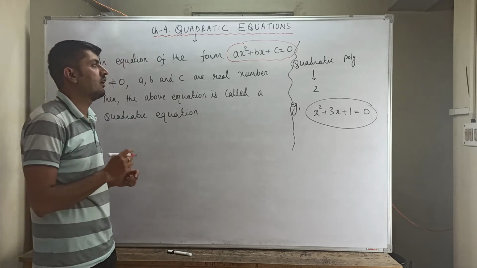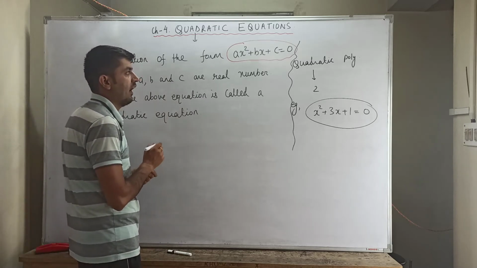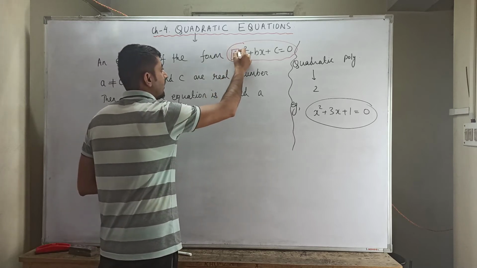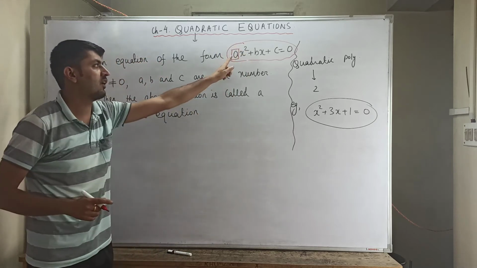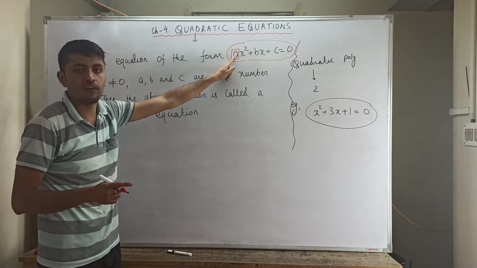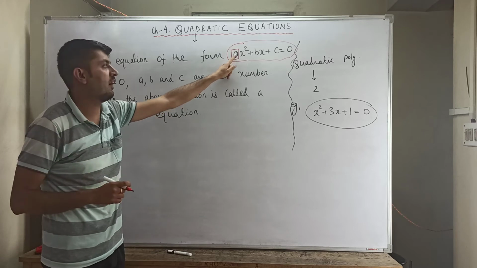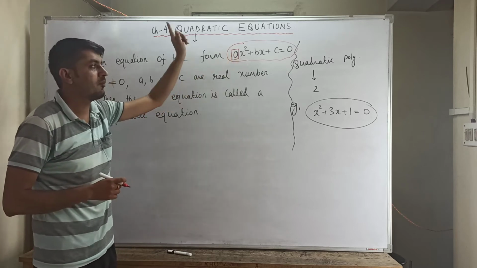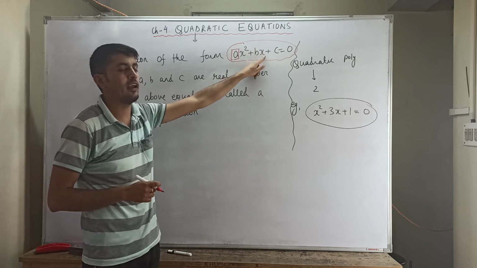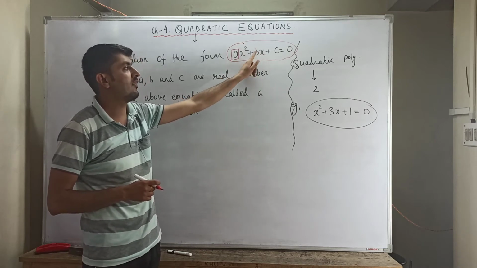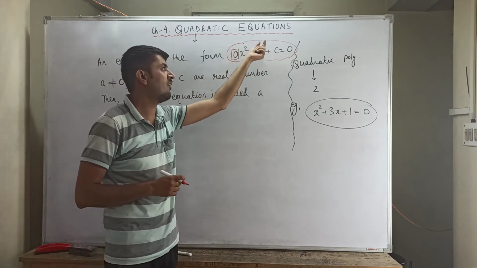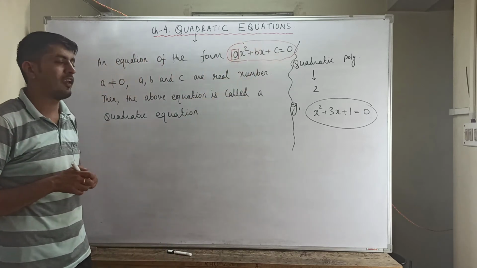One more thing: the coefficient of x square is a, the coefficient of x is b, and the constant term is c.